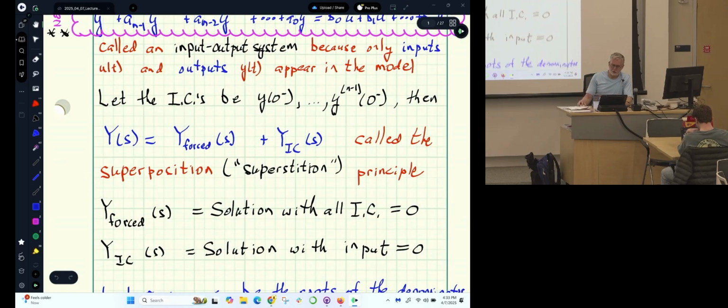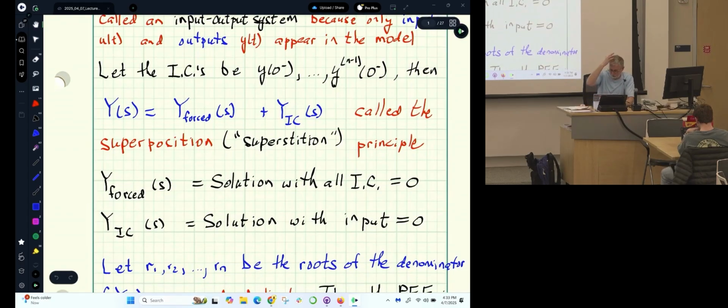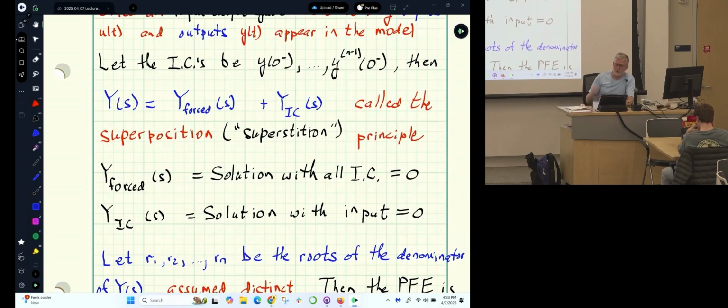And the fact that you can just add them together and compute them individually, separately, and add them together is called the superposition principle. And I make fun of it and call it the superstition principle as a mnemonic, okay? I can't remember superposition, but maybe superstition, Halloween, I don't know. Maybe you should call it the Halloween principle.